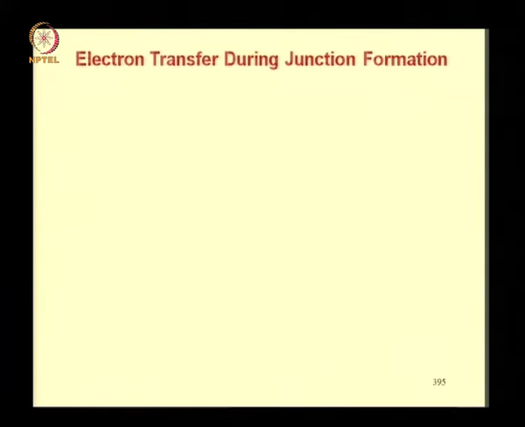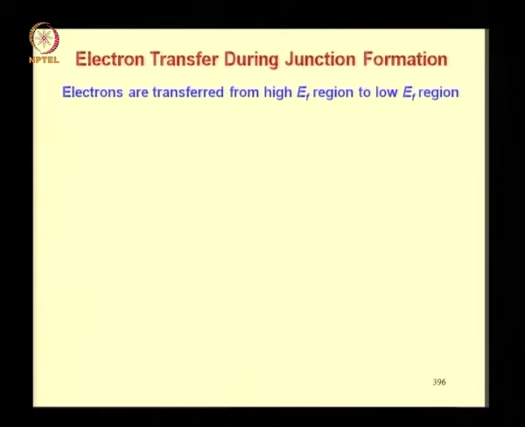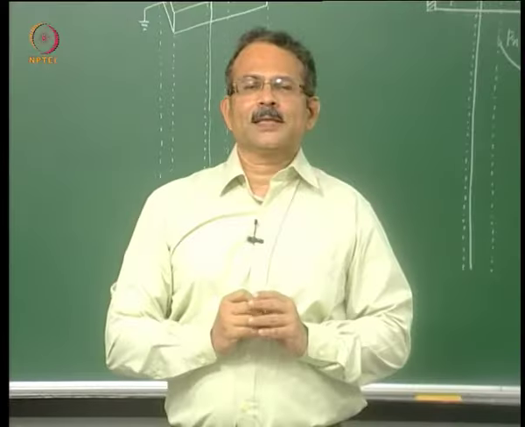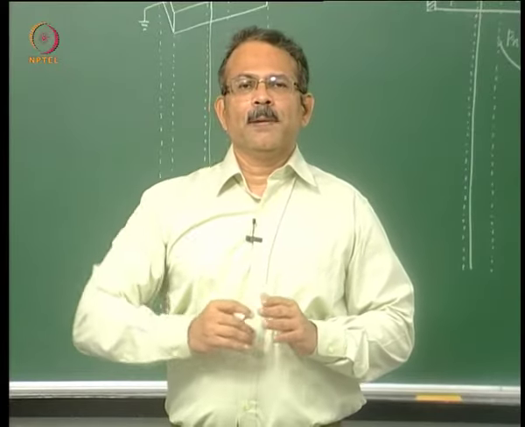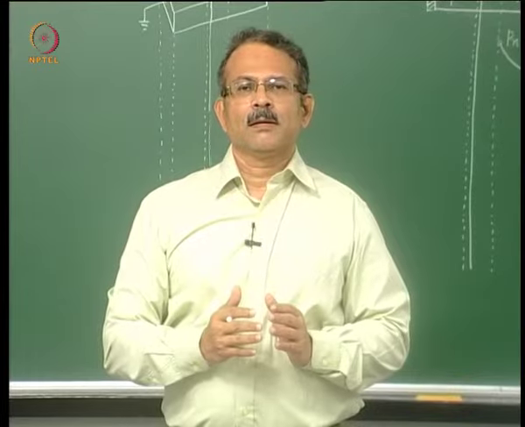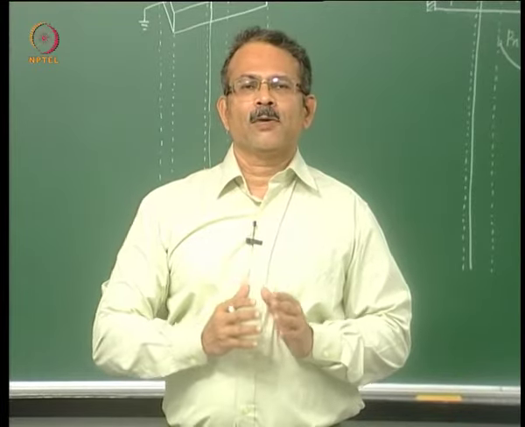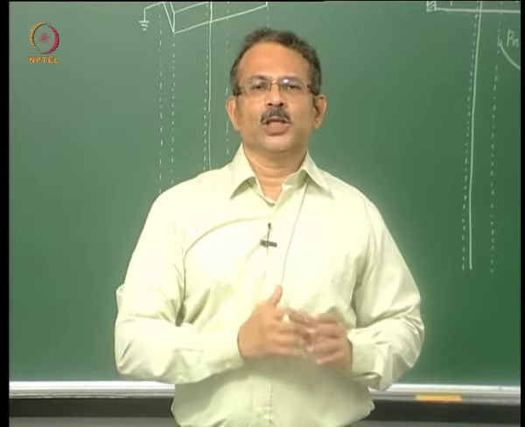So let us consider electron transfer during junction formation. The general rule is that electrons are transferred from high EF region to low EF region. Now students have a lot of misconception depending on their training of drawing band diagrams for homojunctions.